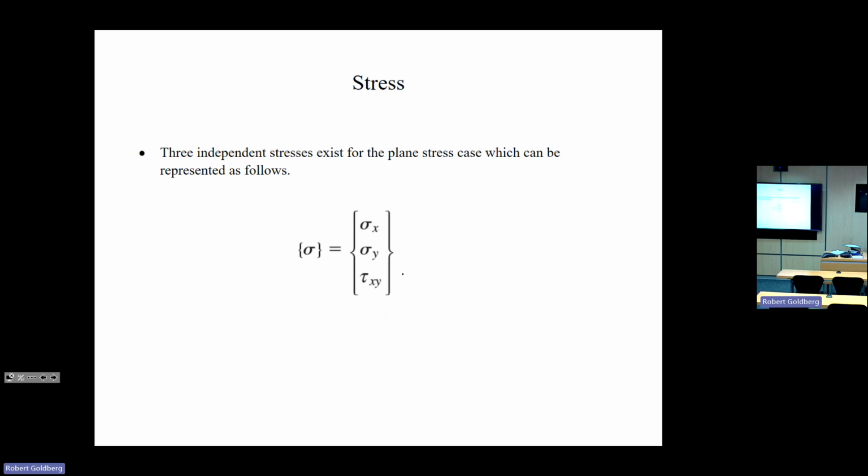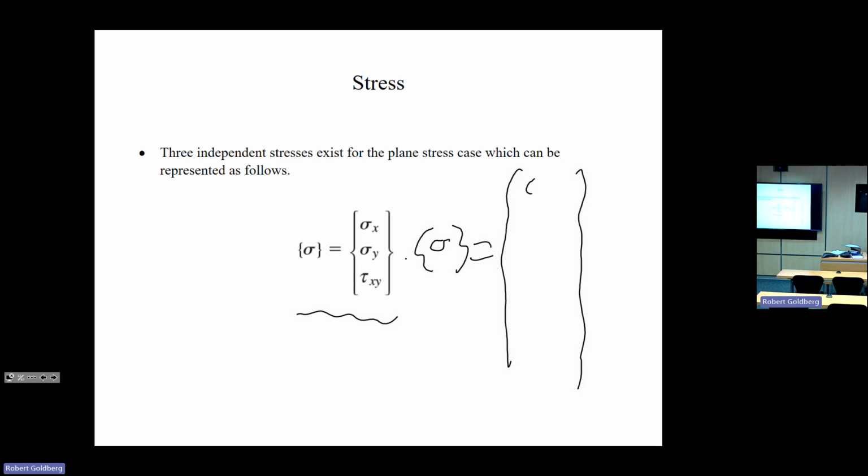A lot of times for plane stress, we can represent the stress state in a column vector like is shown here. And just to note, even for the three-dimensional state of stress, you can also do it as a column vector. Obviously, it's a lot bigger. You have sigma x, sigma y, sigma z, sigma xy, sigma xz, sigma yz.